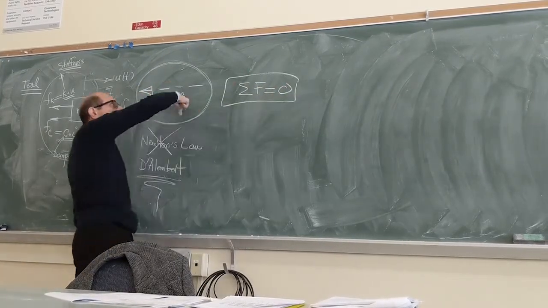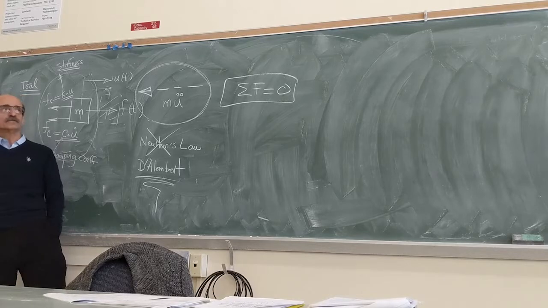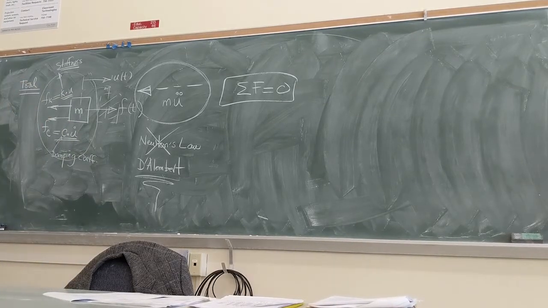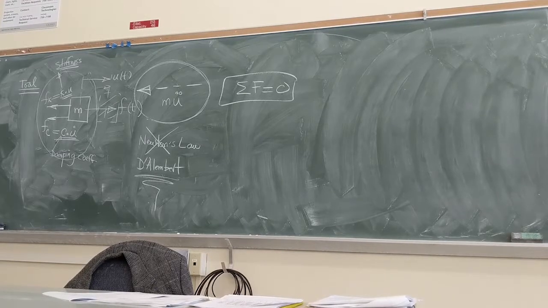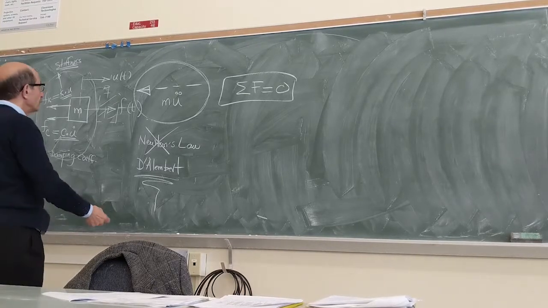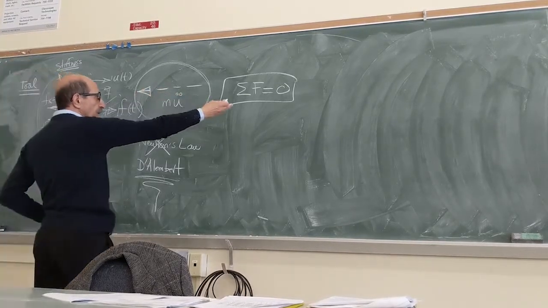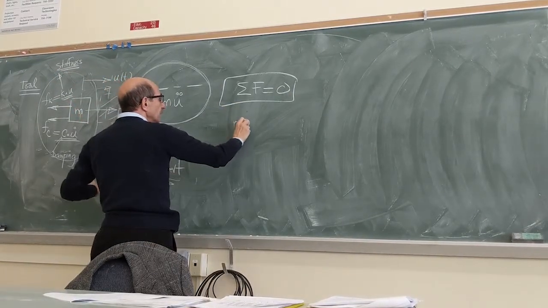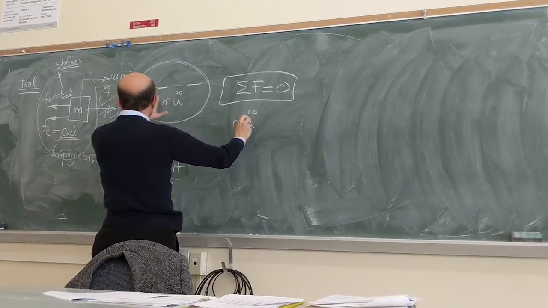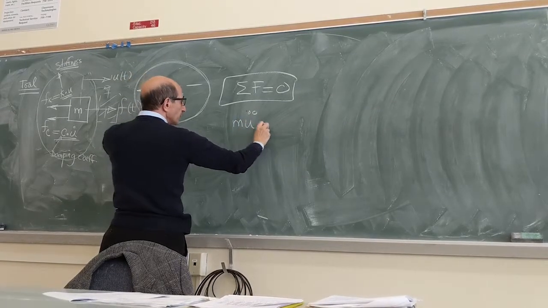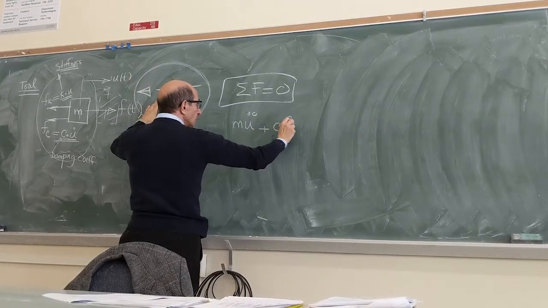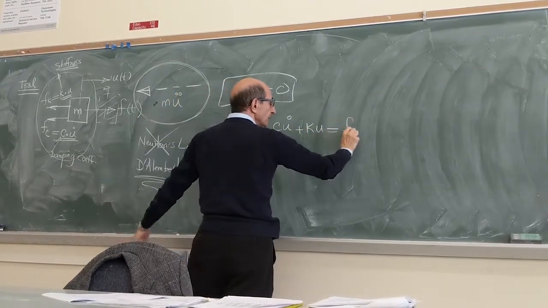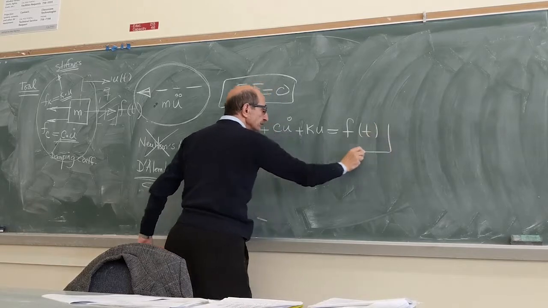By including the d'Alembert force, the summation of all forces is equal to 0, except that it is m times the acceleration, right? So let's apply the d'Alembert principle, which is this. So you have m times u double dot, plus c u dot, plus k u is equal to f of t.